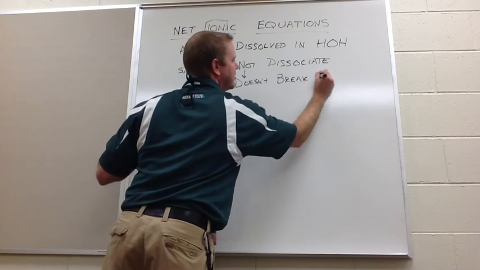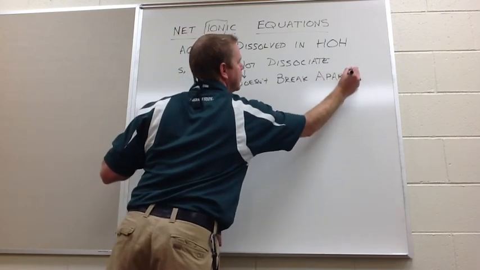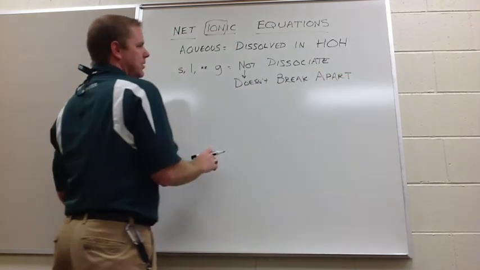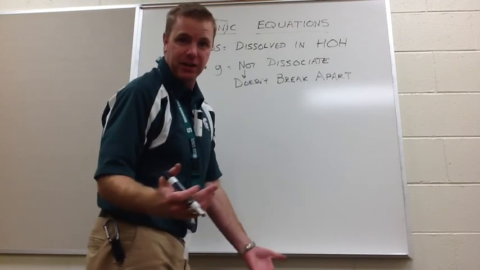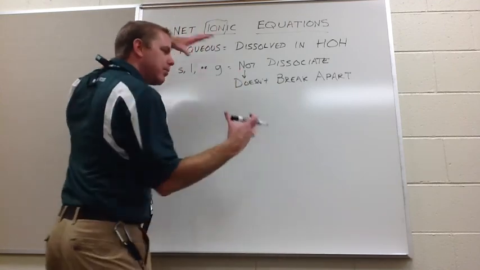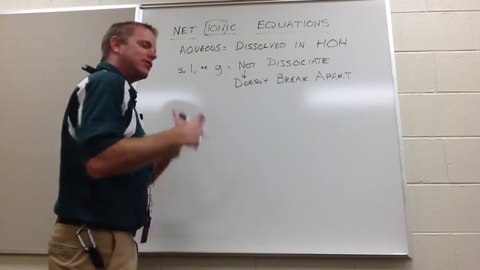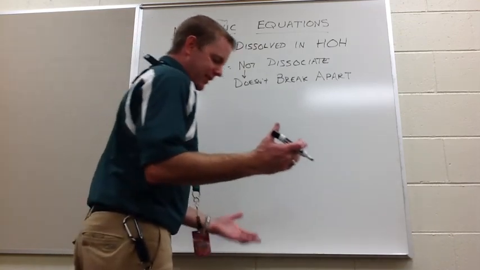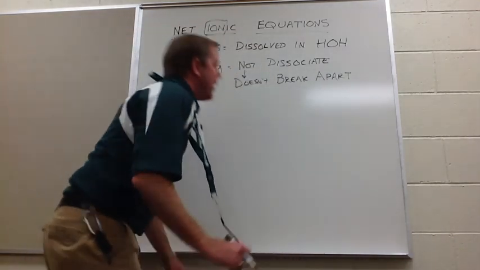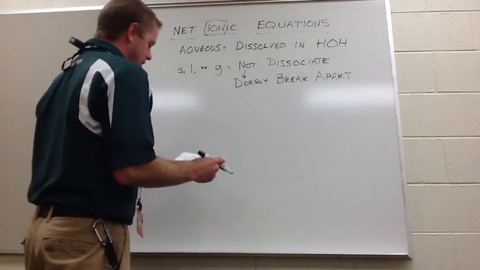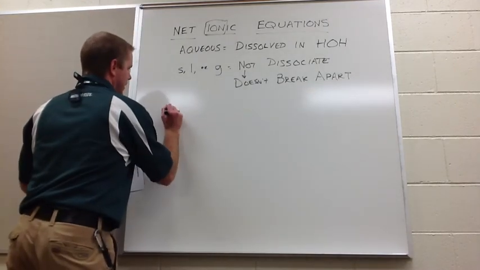If you remember with the double replacement reaction stuff, when things weren't soluble or didn't break apart, the reaction didn't occur, right? That's because they couldn't break apart and rearrange to make new substances, thus having a chemical reaction. So I'm going to do an example of a net ionic equation.